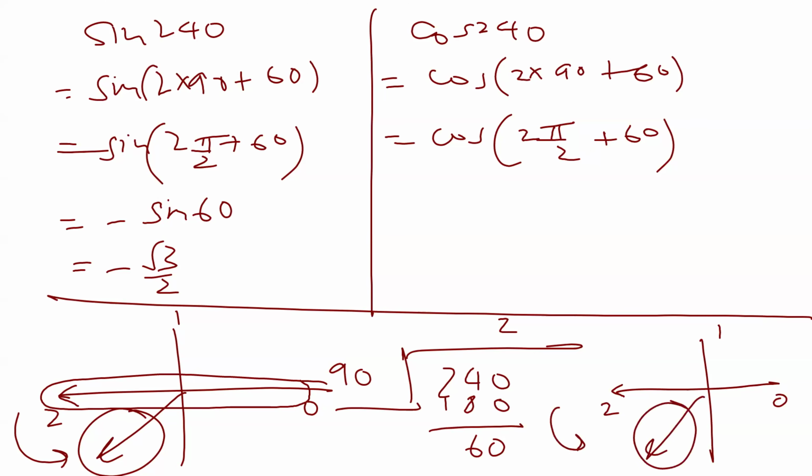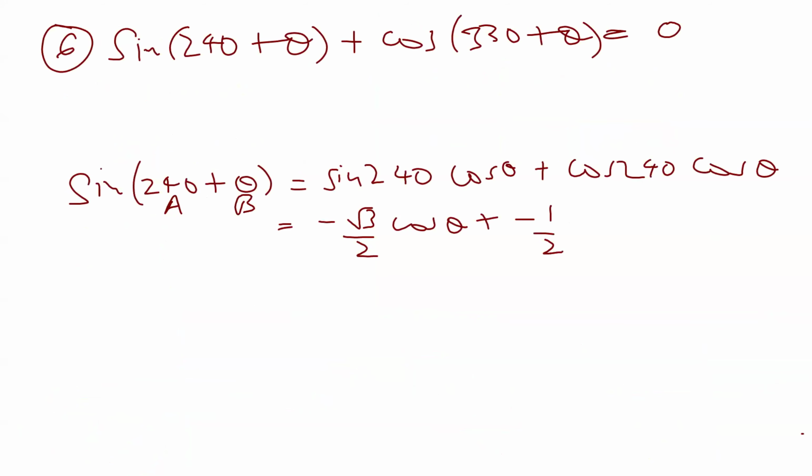In this quadrant, your cos is negative, and 2 pi by 2 lies on the x-axis, so cos remains cos. So this will be cos 60, which is equal to minus half. So this is minus root 3 by 2 cos theta minus half sin theta.